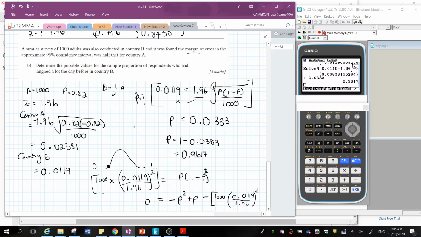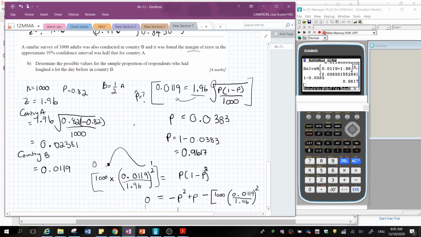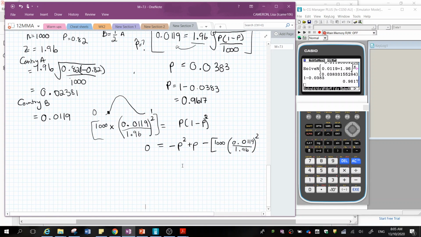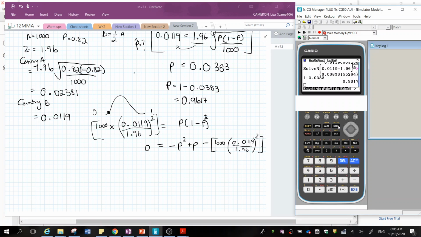Okay, so now let's give myself some more space. Okay, so now this is the function that I'm going to graph so that we can see what the alternate solution looks like.